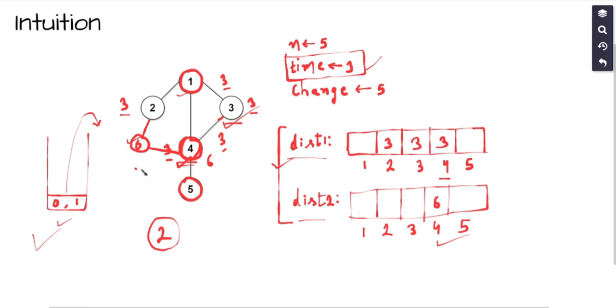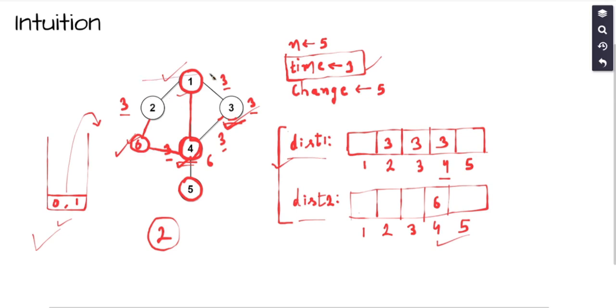If the graph is like this, then first of all I will push node number 4 when I'm traversing the adjacent nodes of node number 1. The second time I will push node number 4 will be when I will be traversing the adjacent nodes of node number 3, not the adjacent nodes of node number 6, because this is present at the next level.